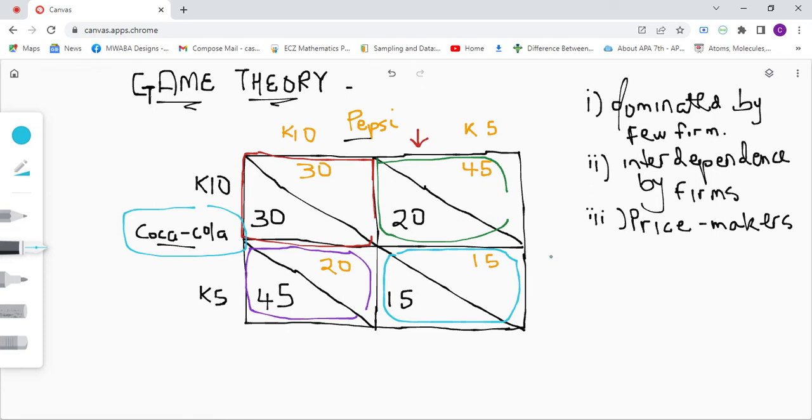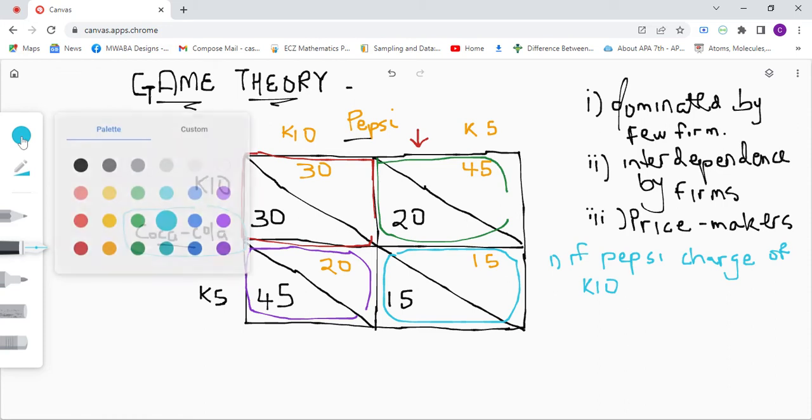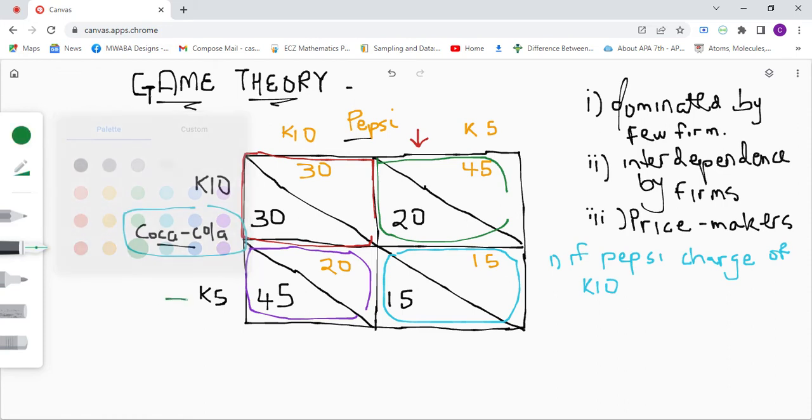So if Pepsi decides to raise the price, if Pepsi charges the higher price of 10 kwacha, what we as Coca-Cola should do is charge 5 kwacha.